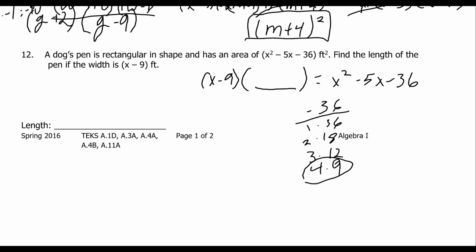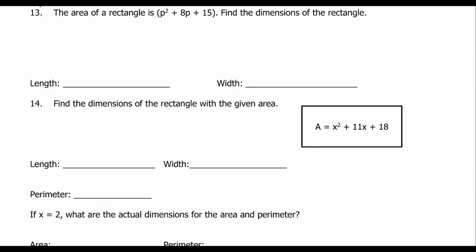Hey, we've already got a piece that involves 9. So what we could say is x, and we need it to be a negative 36, so we have to add 4. And that's how that works. X plus 4 is the length. And that's done.